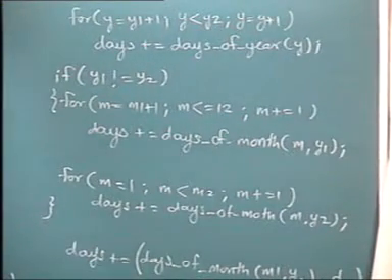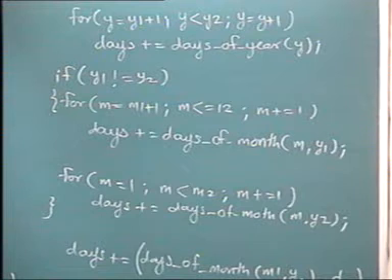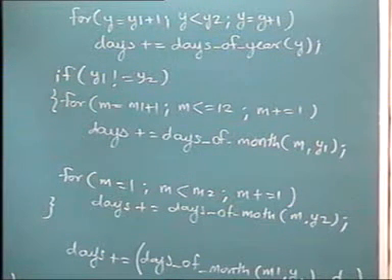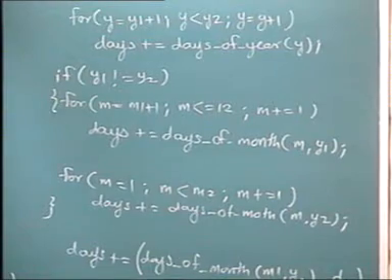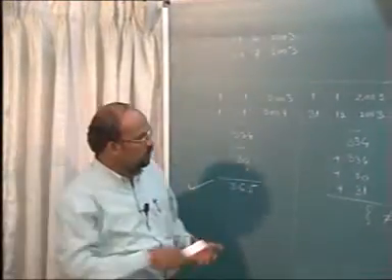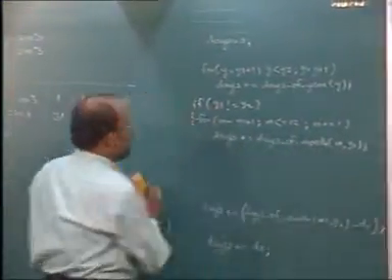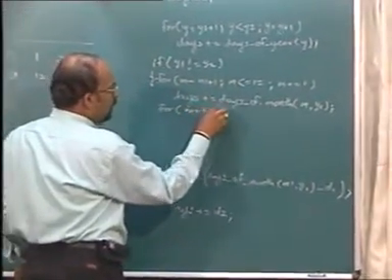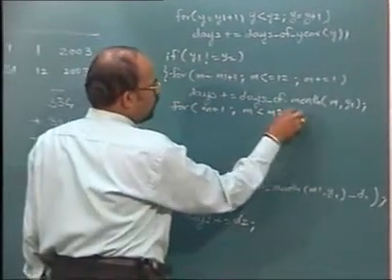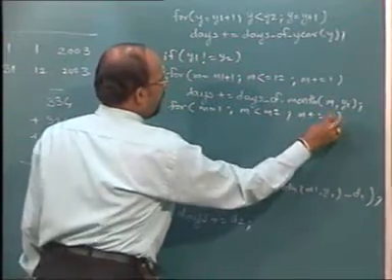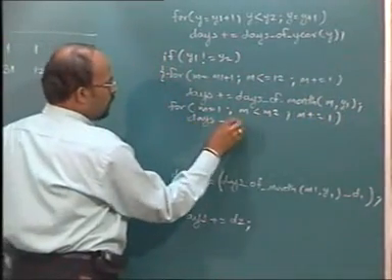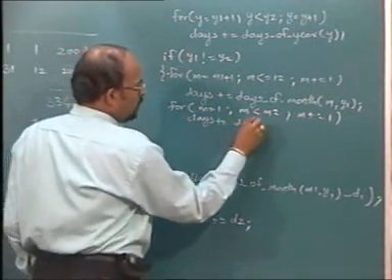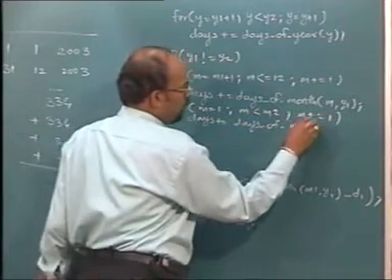But otherwise what will we do? If the year code is same, then I should go from m1 plus 1 to m2. I should go from March till June. Okay, so I will just shift it up slightly. So I want to execute this only in that case: m equal to 1, m less than m2, m plus equal to 1, days plus equal to days of month m comma y2.